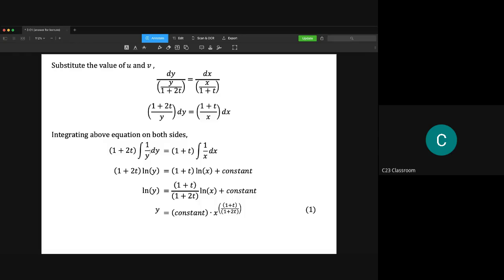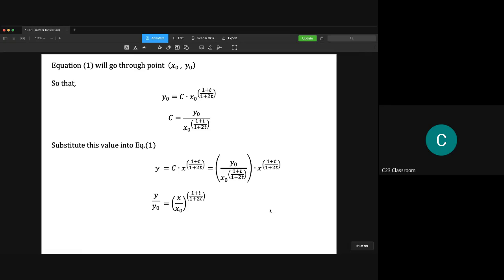We have 1 over y, which integrates as ln y, and 1 over x, which gives ln x, and it is okay to give just one constant on the right hand side. Then we rearrange, and the value of y is the constant c times x to the power of (1 plus t) over (1 plus 2t). We label this as equation number 1.